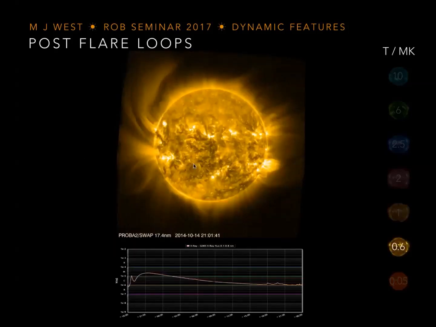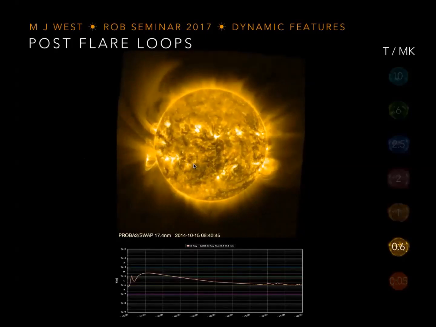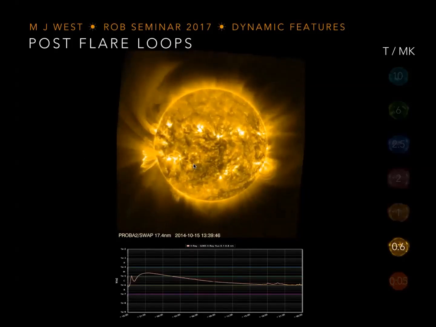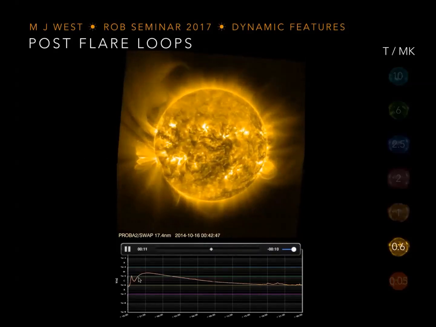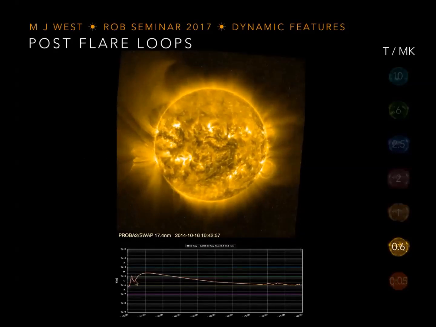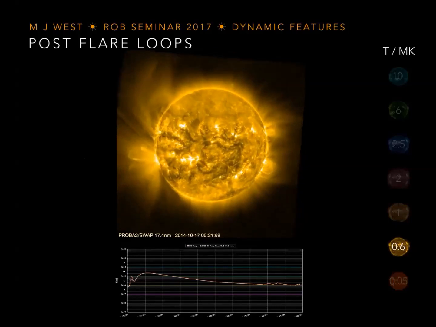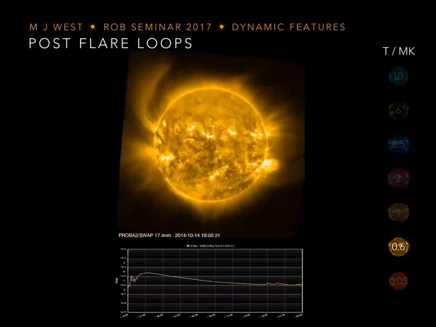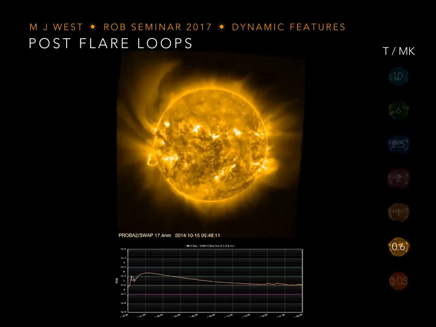And so here there was an eruption and a flare just behind the solar disk. And we see this post-flare loop system growing out here. If we look at the flare profile here, the original release of energy during the flare was right here, and it's actually quite small because it occurred behind the disk.